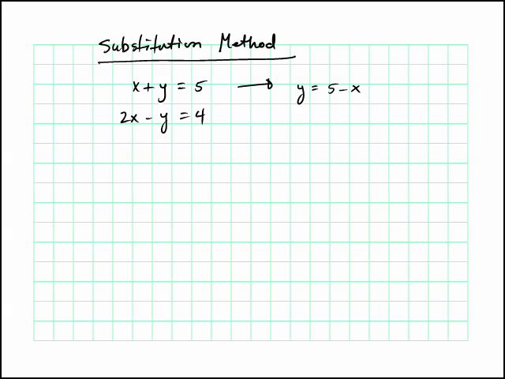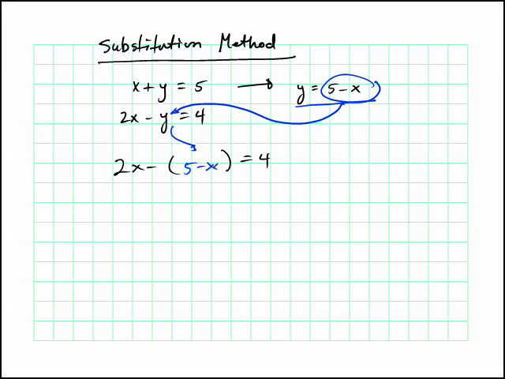You move the x to the other side. Now you take the second equation, the one you haven't used yet, and substitute. I'm going to replace this y in the other equation with 5 minus x: 2x minus y equals 4, and this y is replaced with 5 minus x.